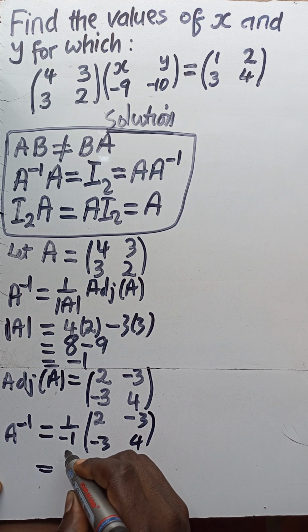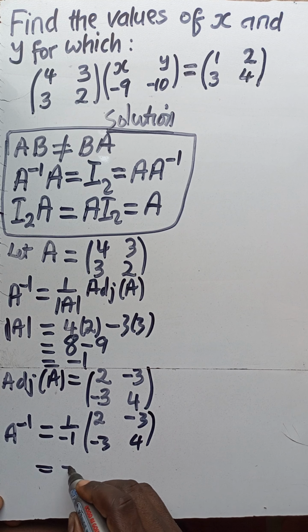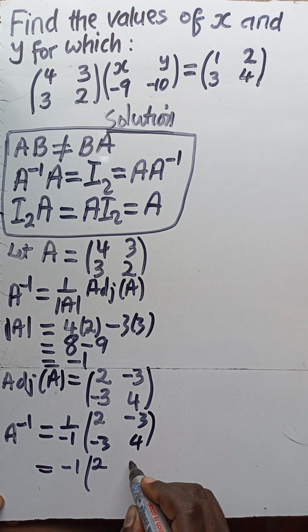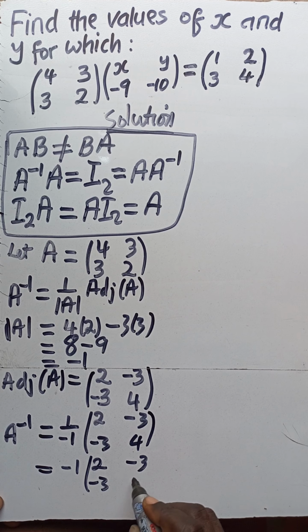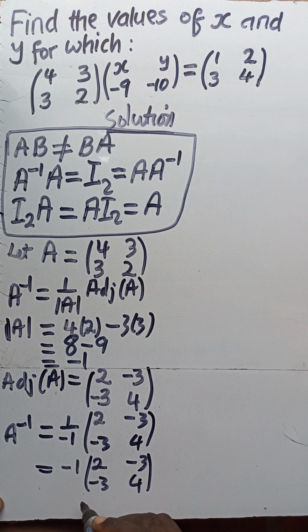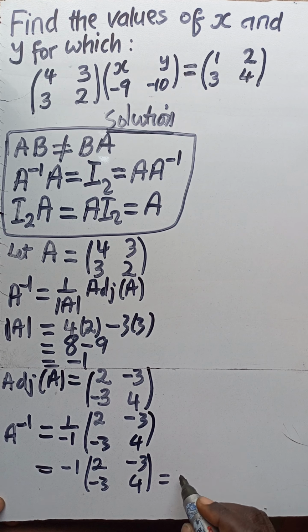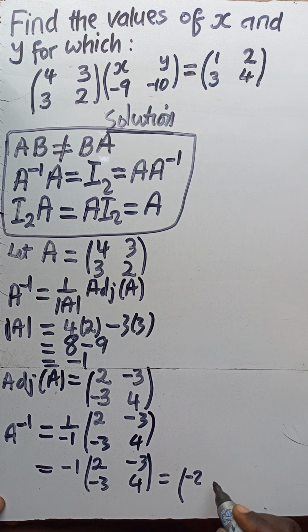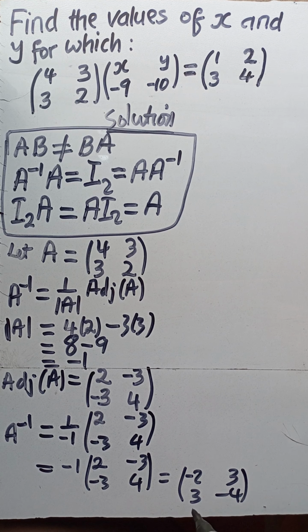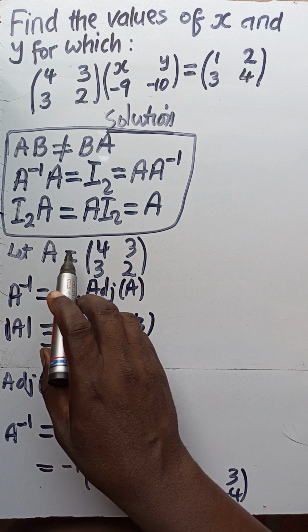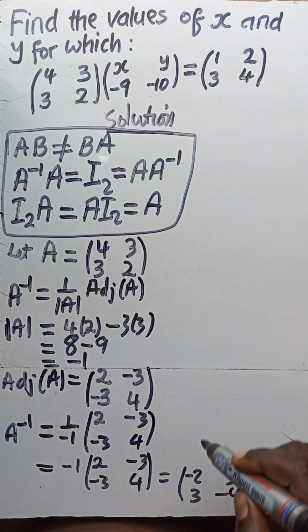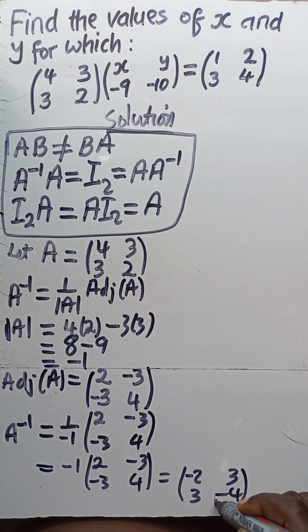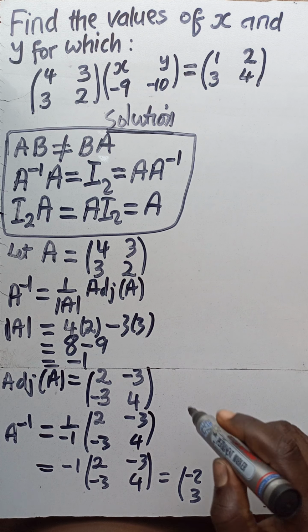So 1 divided by negative 1 is negative 1. So we have negative 1 times the adjoint, and this gives us [-2, 3; 3, -4]. So the inverse of this matrix A is this matrix. Okay, now we've gotten the inverse.